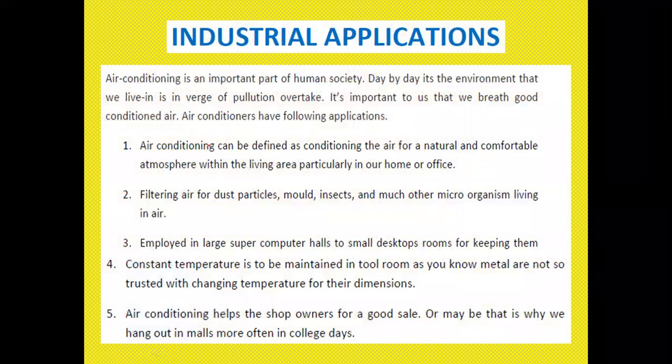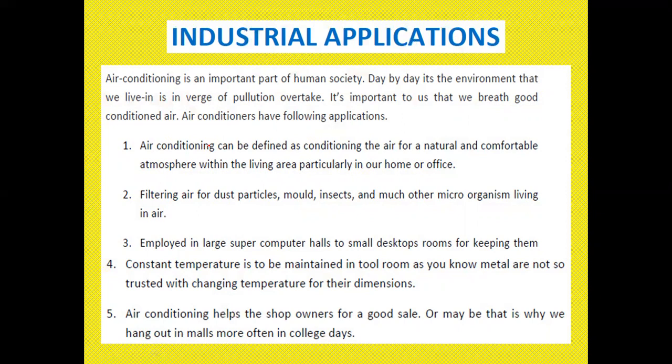So in the last class we have seen the introduction and the difference between the window AC and split AC, floor mounted AC and cassette type of AC, which use the vapor compression refrigeration cycle.